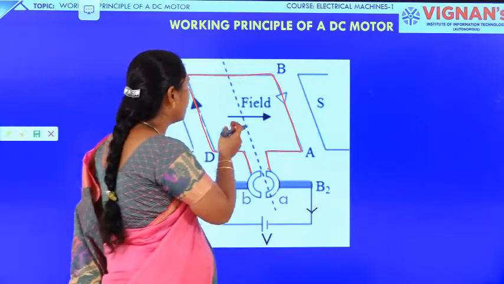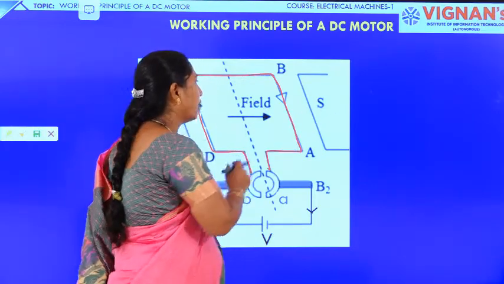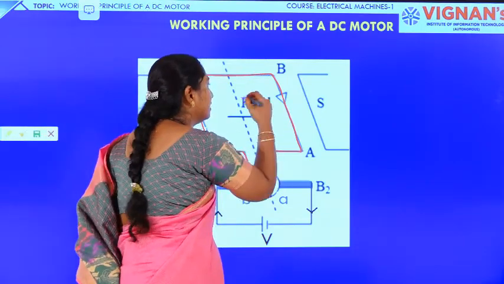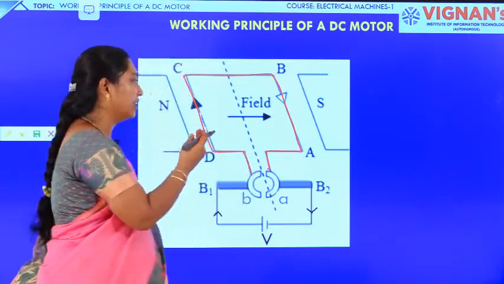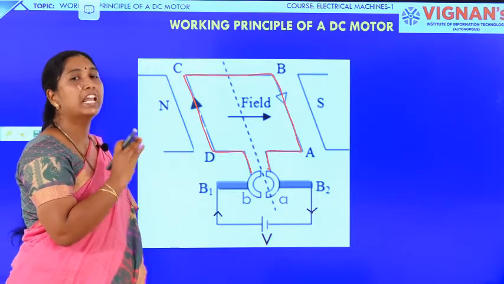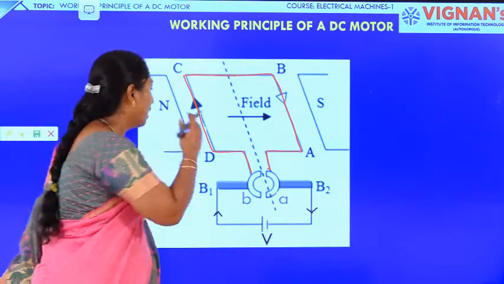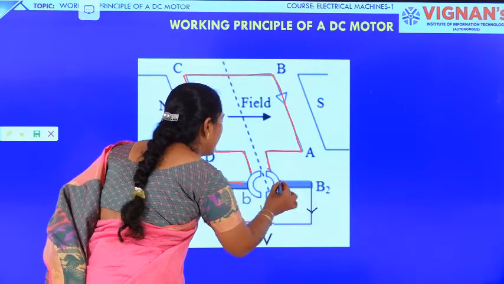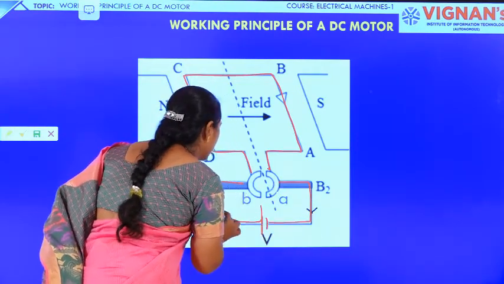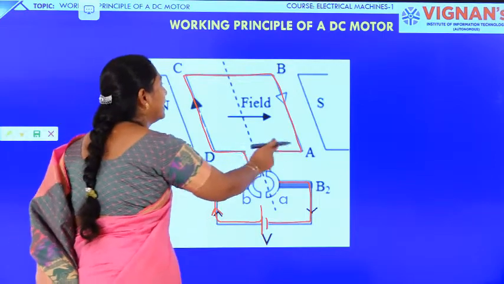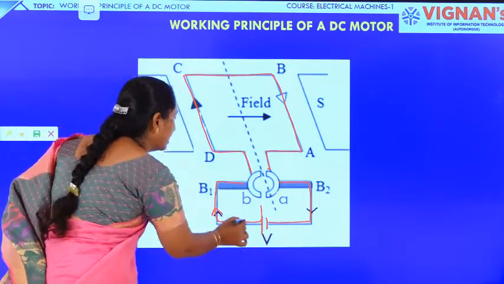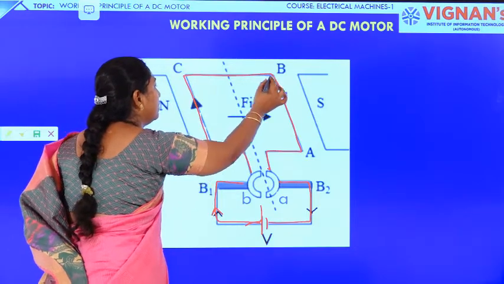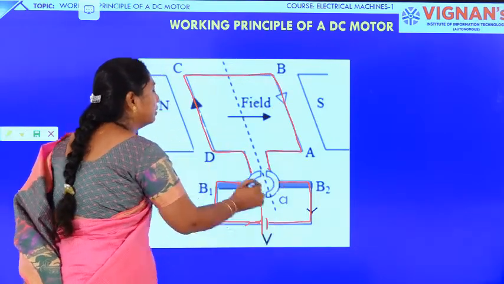As we have already seen in the earlier explanation, whenever a current carrying conductor is placed in the magnetic field, it experiences a force. Now through this coil we are going to give a DC supply. We give a DC supply to the coil A, B, C and D. The current flows to D, then C, B, A and again to the supply.